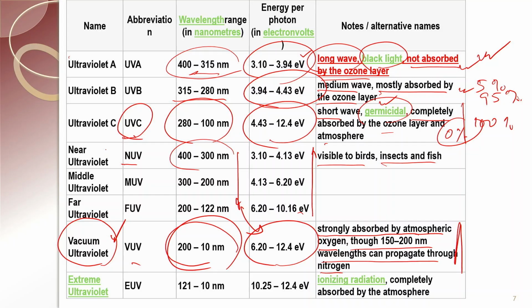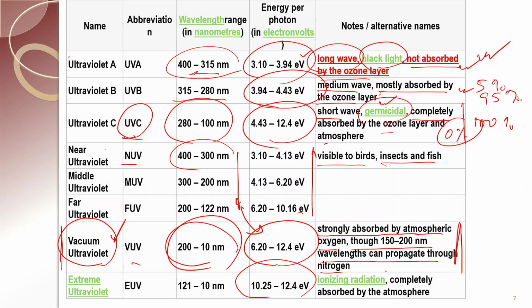So, extreme ultraviolet, EUV. So, within this vacuum ultraviolet, so extreme ultraviolet which has a lower range 10 to 120 nanometer, at that range, and with the high energy.